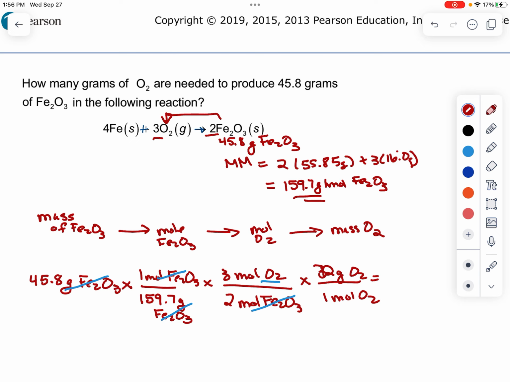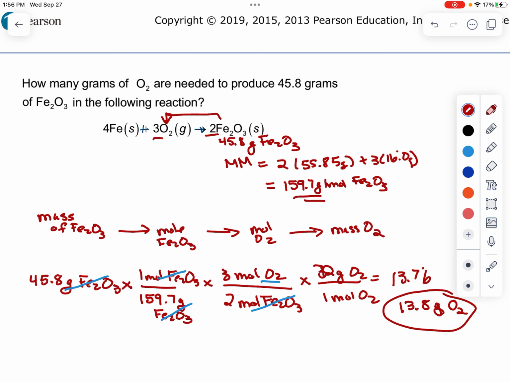And that should give us the amount of oxygen required to create 45.8 grams of iron 3 oxide. So 45.8 divided by 159.7 times 3 divided by 2 times 32 gives me 13.76. So 13.8 grams of O2.